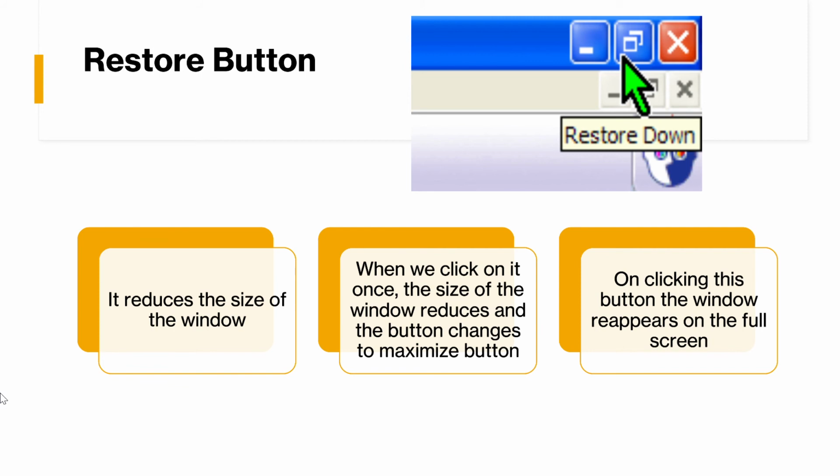When we click on it once, the size of the window reduces and the button changes to the maximize button. On clicking this button, the window reappears on the full screen. So first you click it over here where you can see the arrow. The window becomes smaller, and then when you click the maximize button, it will be in its full screen.